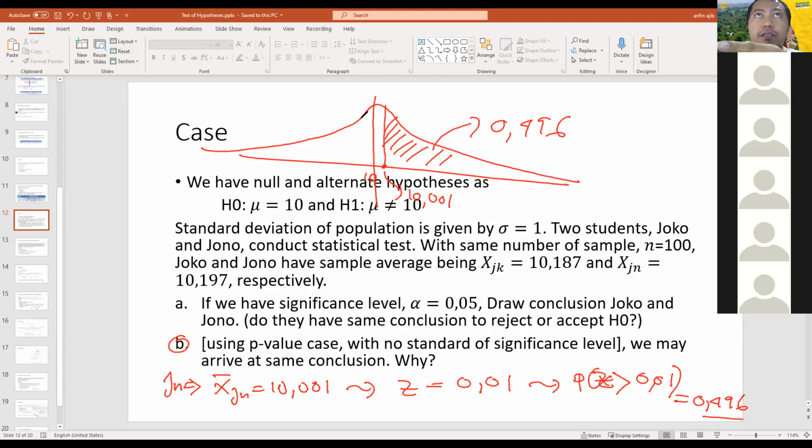Untuk sebelah kiri, berarti di sini adalah 10 dikurangi 0,001 atau ekuivalen dengan 9,999. And this area is also 0.496, something like that.